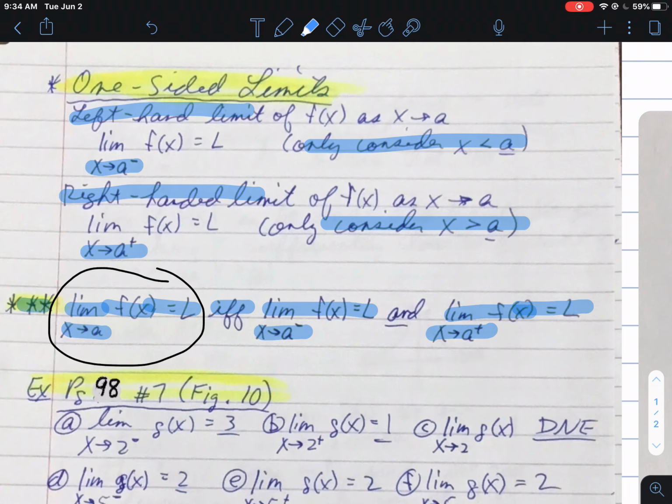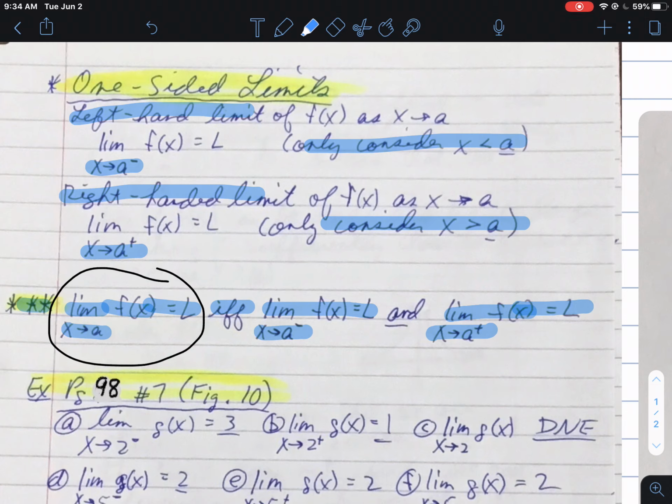So this is going to give us another way that we can determine the value of a limit. In some cases, it may not be possible, or it may not be easy to look at just the overall limit as x approaches a. We may have to use an observation about the left-hand limit and the right-hand limit.